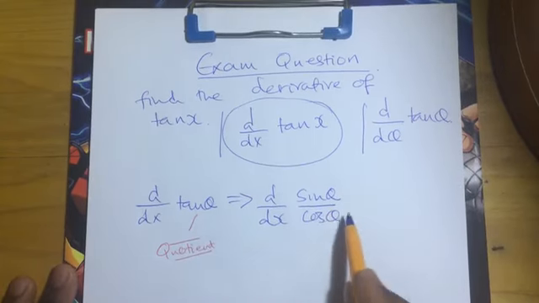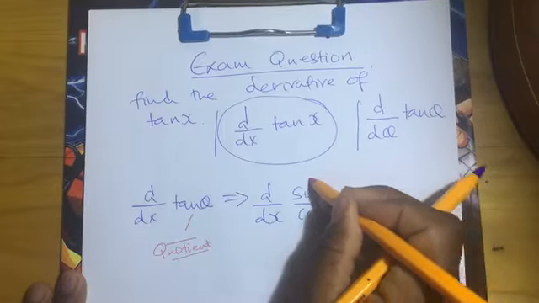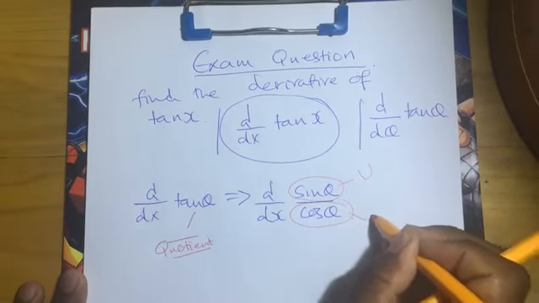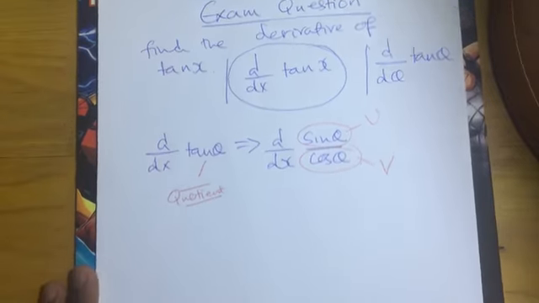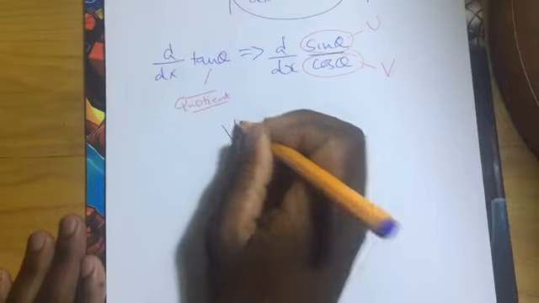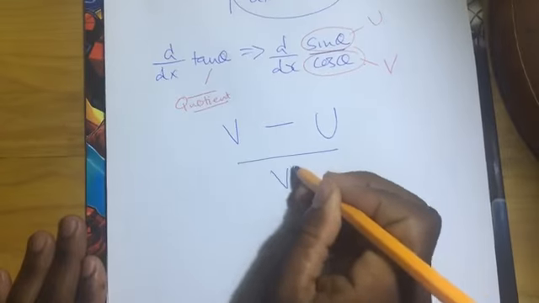Now, remember, we said the numerator represents U and the denominator represents V. So this is going to be U, this is going to be V. If you remember the formula, the derivative is going to be V minus U, because V is larger, divide everything by V squared.